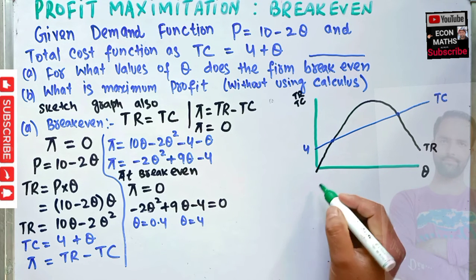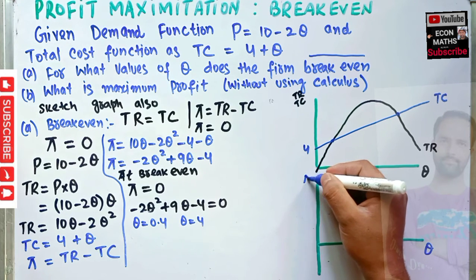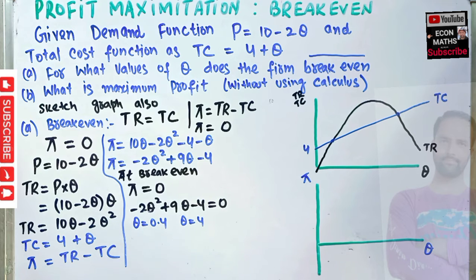Now if I draw the profit function here also, it will look like this. So for our profit function, we have output on this axis and profit on this axis. The coefficient of q square is negative, so we will have an inverted U-shaped function. We also have intercept -4, so our curve will touch the vertical axis at -4.